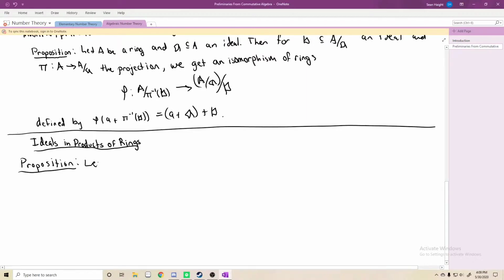Let A and B be rings with ideals 𝔞 and 𝔟, then 𝔞 × 𝔟 subset of A × B is an ideal.